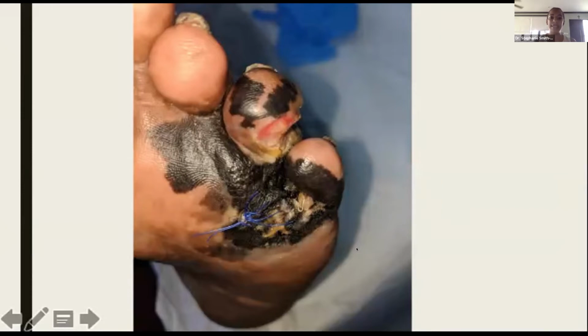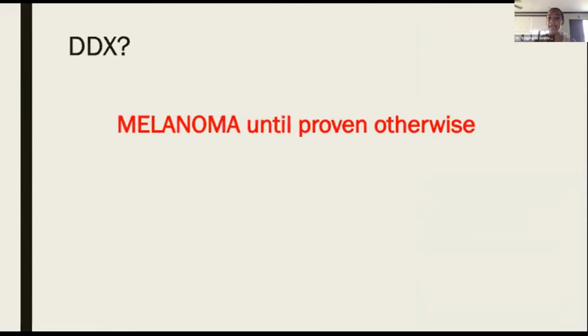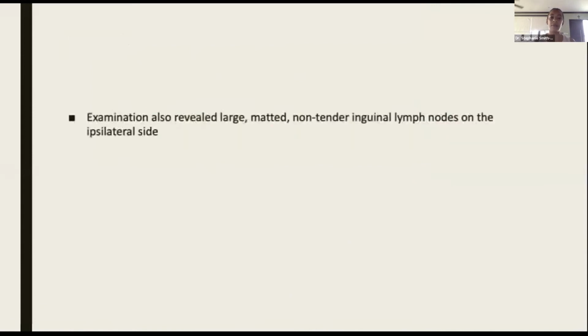So when we see a patient like this, there is only one diagnosis that comes to mind, and this is melanoma until proven otherwise. So, of course, our next step would be to do a full clinical examination.